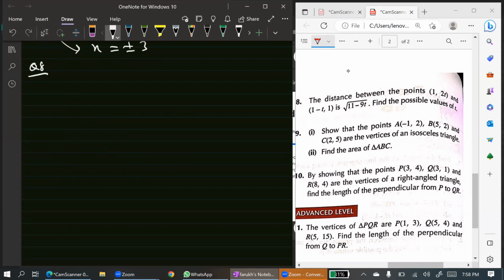Now, I will attempt question number 8. Question number 8: the distance between the points (1, 2t) and (1 minus t, 1) is 11 minus 9t.